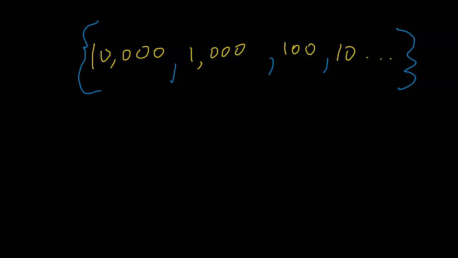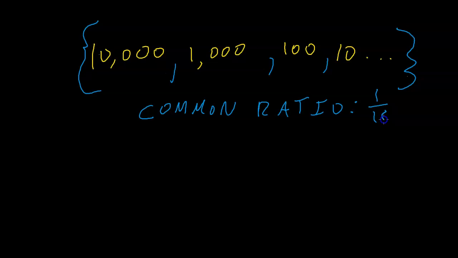In this case, the common ratio for this sequence here is 1 over 10. Multiplying by 1 over 10 is the same as dividing by 10.